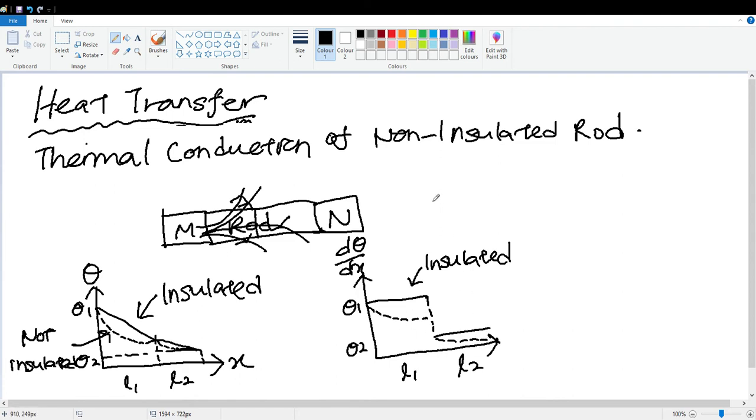So this is how we define the temperature gradient and the temperature at every point if the object is not insulated due to the heat lost to the surroundings. Let me denote this one as heat loss. So this is the final part for conduction through solids. Okay, so we have done this part.